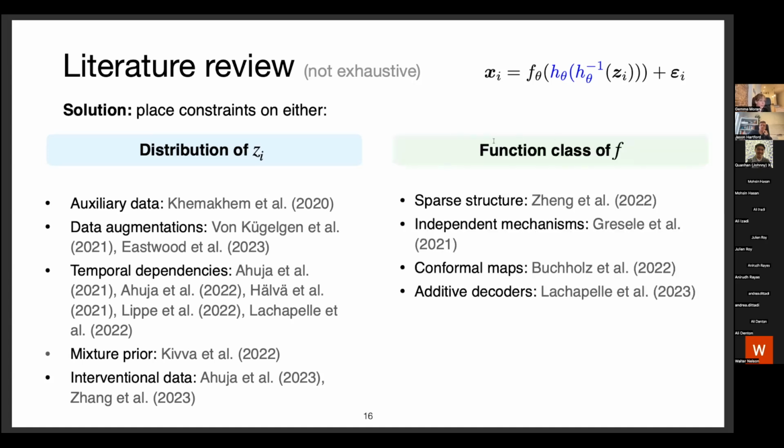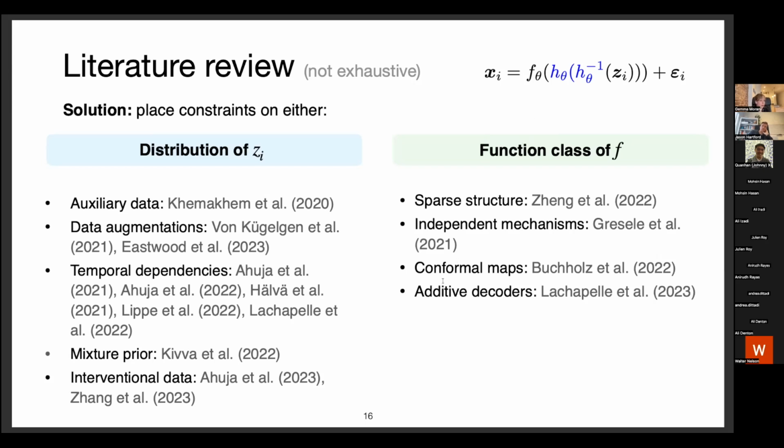On the other hand, there are also a number of papers that place constraints on the function class. So, for example, assuming some kind of sparse structure, assuming some kind of independent mechanisms, conformal maps, or some kind of structure like an additive decoder.